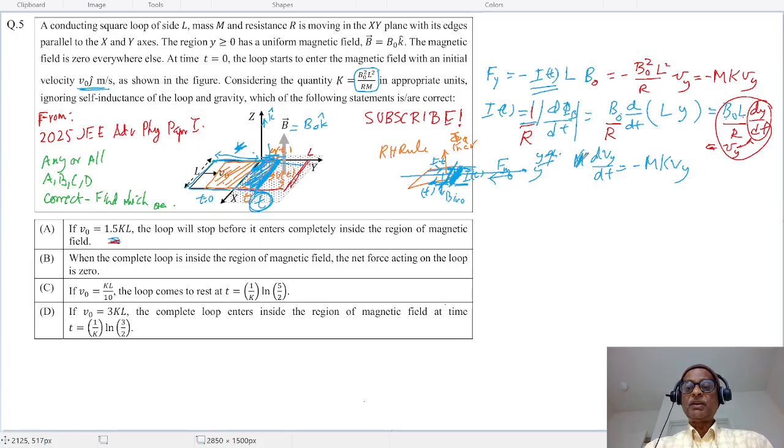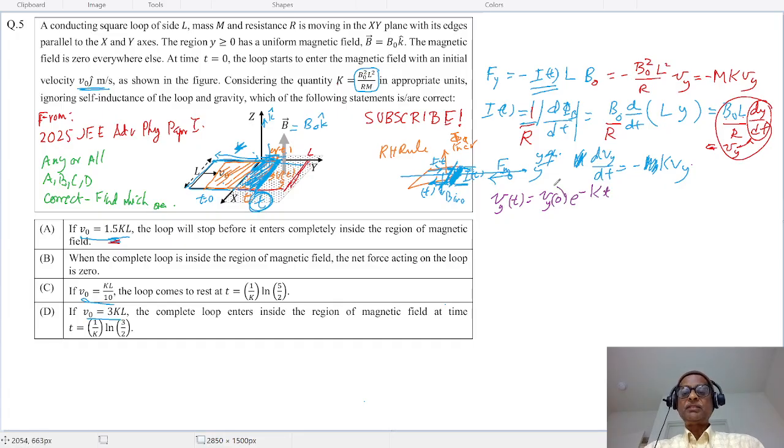Of course the m's are common, so it becomes very simple, and we need to just integrate this out to answer for different values of v0. Rather than answer each one of them independently, just get one answer. This is very easy to integrate, right? You know how you do it. Let me write the answer first: vy of t is vy0 minus kt, that's going to be the answer.